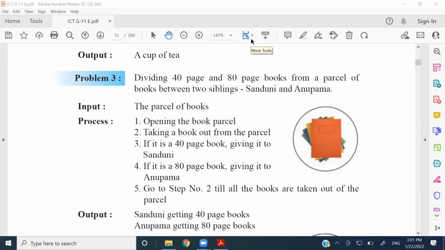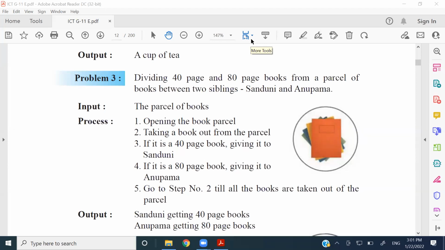Right? So a condition can be defined in many different ways. I have defined two ways of conditions over here. One way is asking whether a book is less than 40 pages or not.